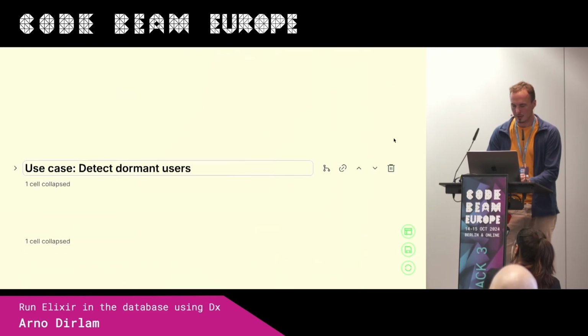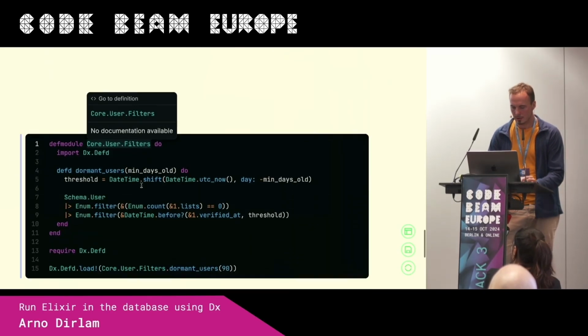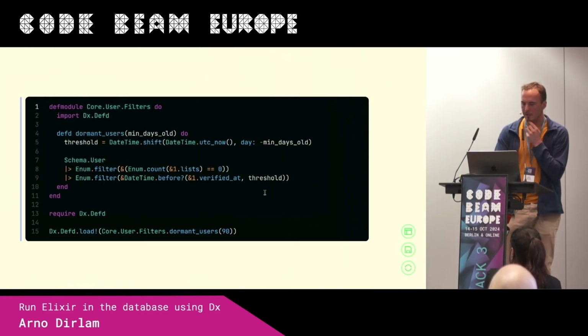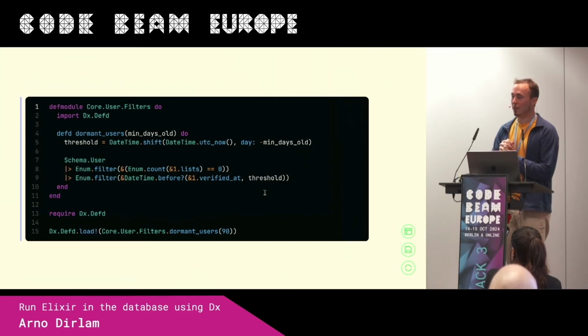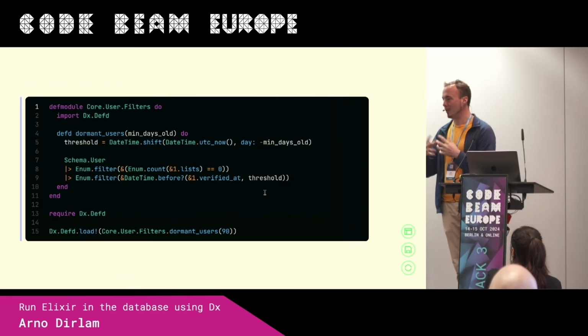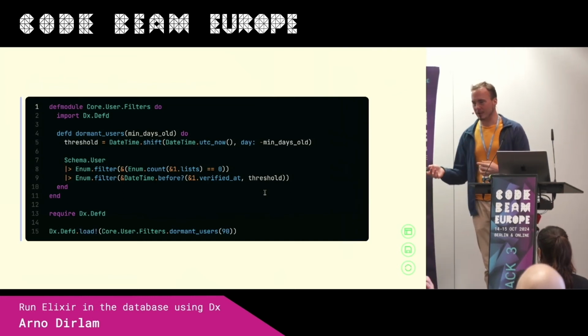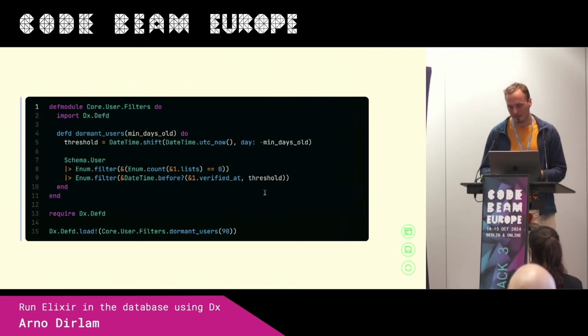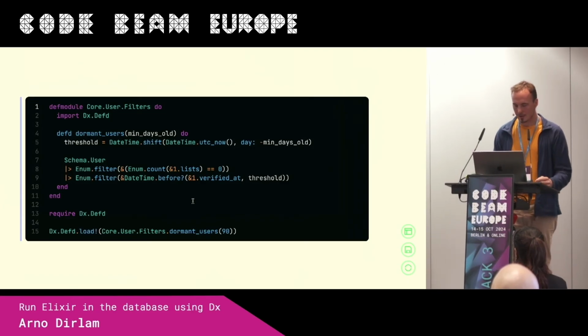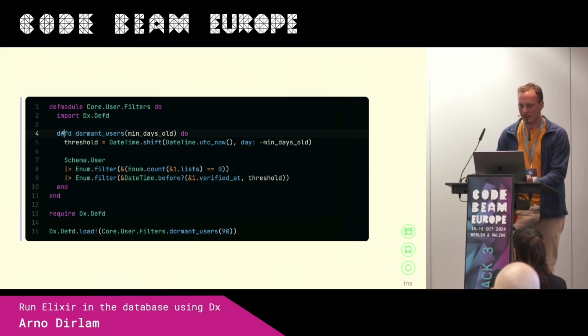And let's do a bit more complex query now. So we have a filter here. We want to get dormant users. This is maybe some kind of business logic where we say these are good candidates for either writing to them or maybe deleting their accounts. So here we also already have a defd function again.